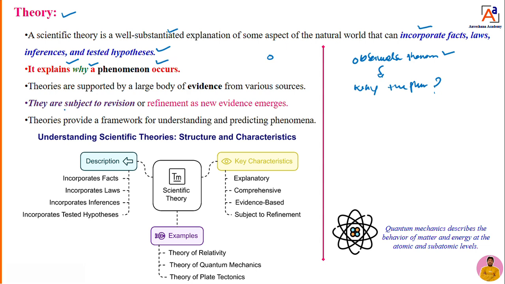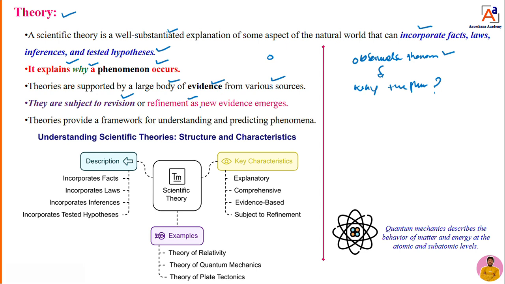Okay, and theories are also supported by a large body of evidence from various sources. The scientists, before giving the theory, will do a lot of experimentation. With the proof, they will give some theories. And these theories are subject to revision or refinement, whatever theory is given by the scientist.